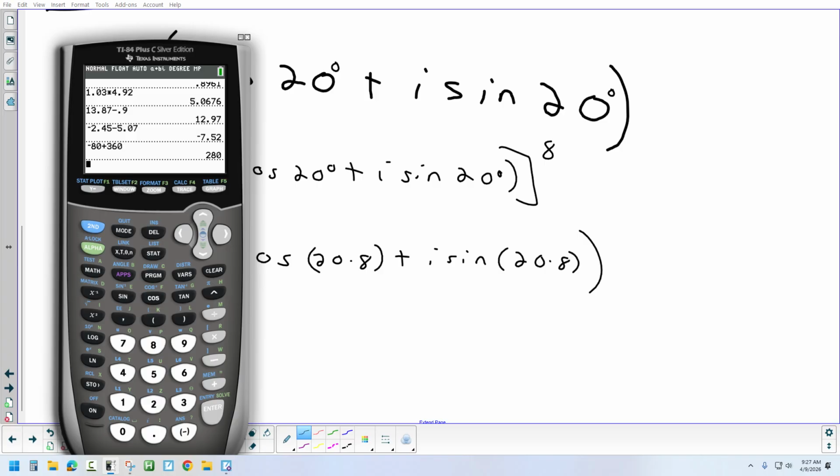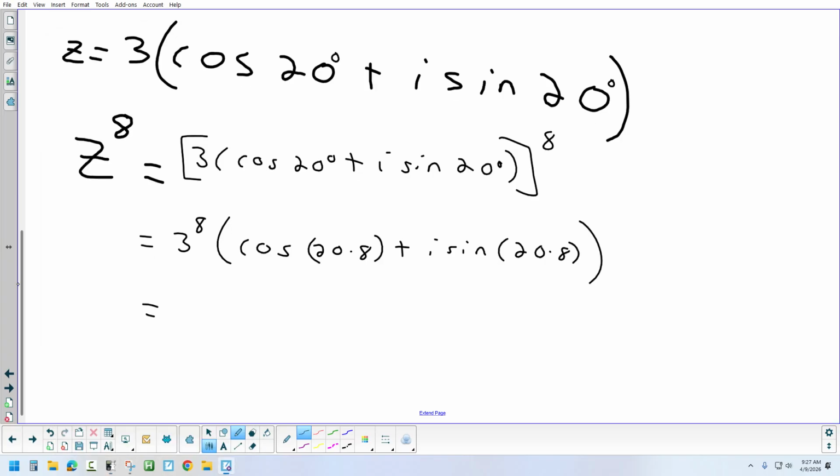All right, let's do 3 to the 8th. So 6,561. I would say if the radius comes out to a number that's 4 or 5 digits, like in the tens of thousands, we'll do it out. If the radius starts to come out to a number in the trillions, no, we wouldn't do that out. We just leave it as 3 to the 8th. And how about my angle?